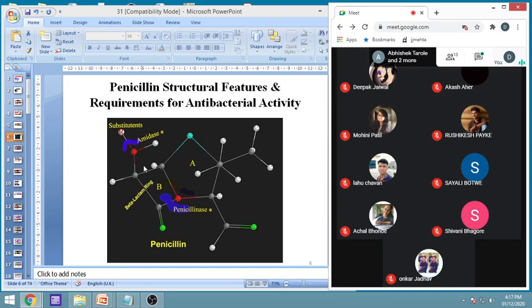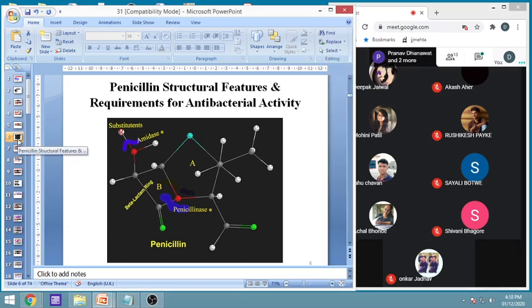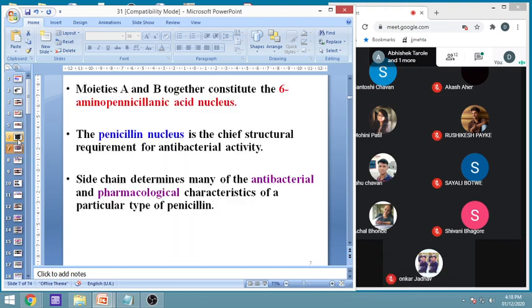So overall this structure is called a penicillin when ring A and ring B are present, and then various groups are attached, which we call R. So these substituents are there, and on the basis of these substituents, these particular compounds have a variety of congeners or similar agents of this class.